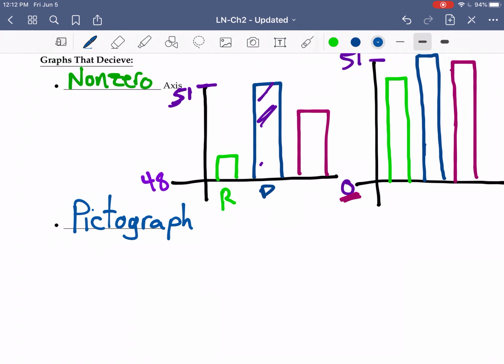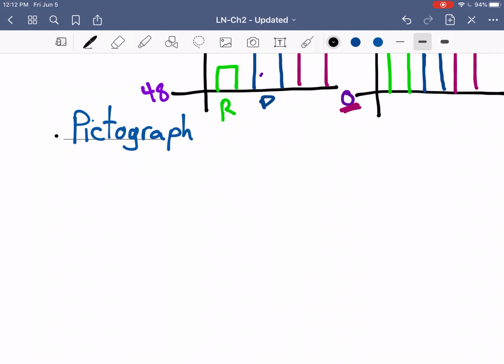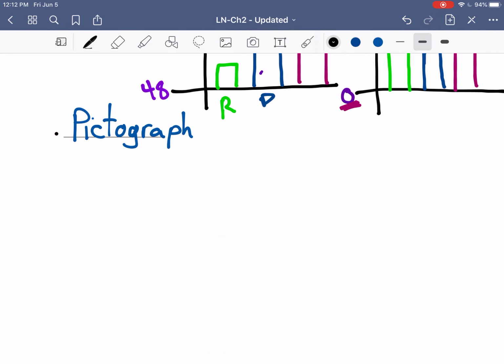They can be done appropriately, but here, maybe I want to represent a value that is twice as much as some other value. I want to do this kind of nice.